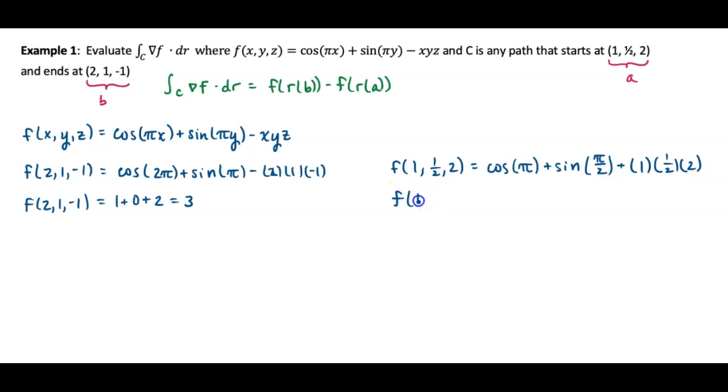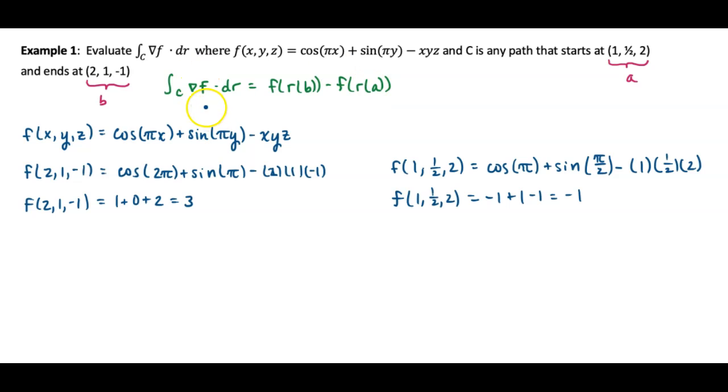Simplifying this gives us the cosine of pi, which is -1, plus the sine of pi over 2, which is +1, plus 1 times 1/2 times 2. I'm sorry, this is supposed to be a minus, which will give us a -1. And so we're left with -1.